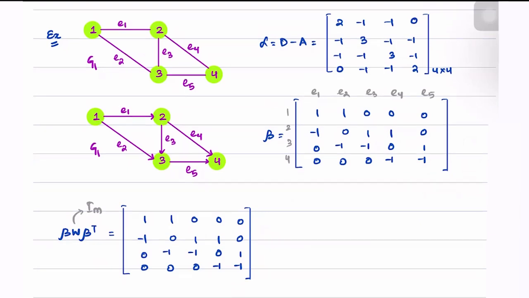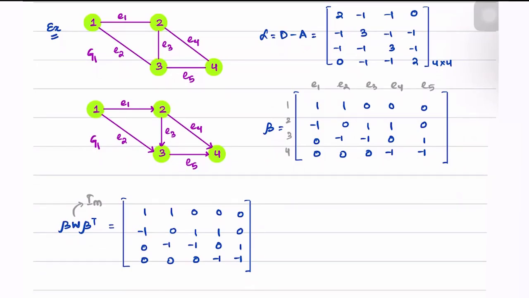So let me not write it at all. And what I'll write next is B transpose. Then the transpose is given by 1, 1, 0, 0, 0, minus 1, 0, 1, 1, 0, again 0, minus 1, minus 1, 0, 1, and 0, 0, 0, minus 1, minus 1.